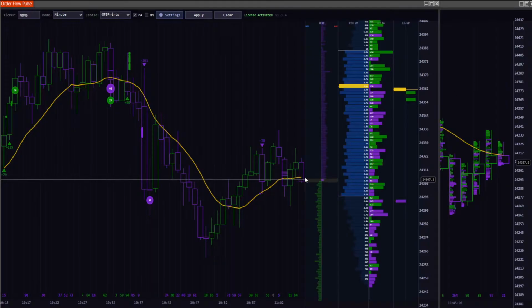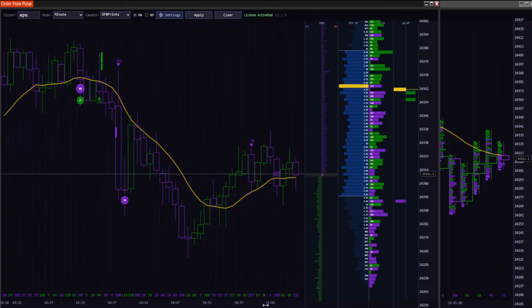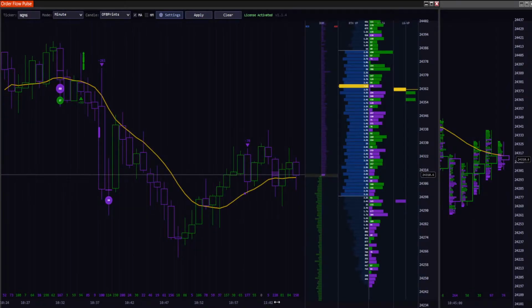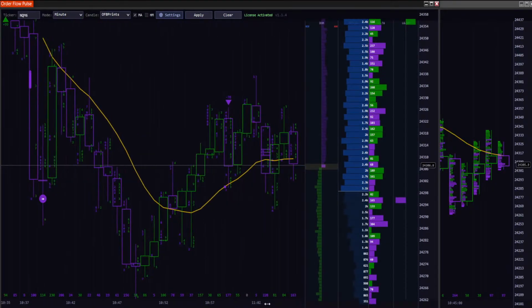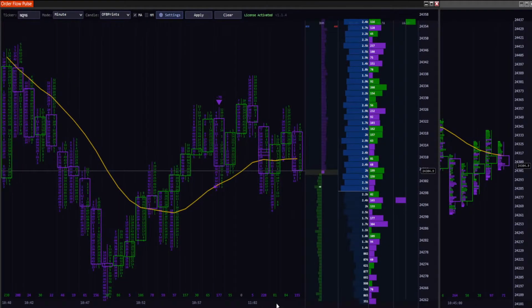So is the 1 minute going to flatline? I mean, look at the 5 minute. It's still sloping downwards a little bit. You got some negative delta right there on the 5 minute. You got some big volume coming in right there.